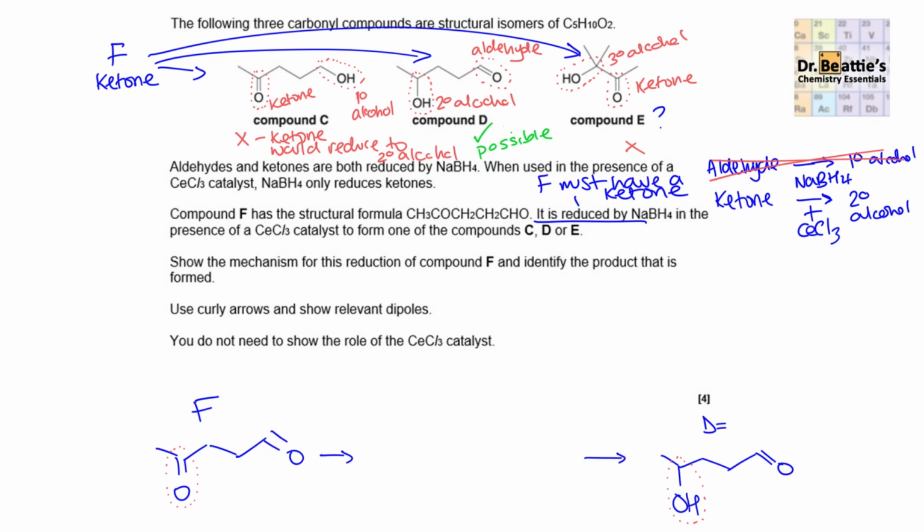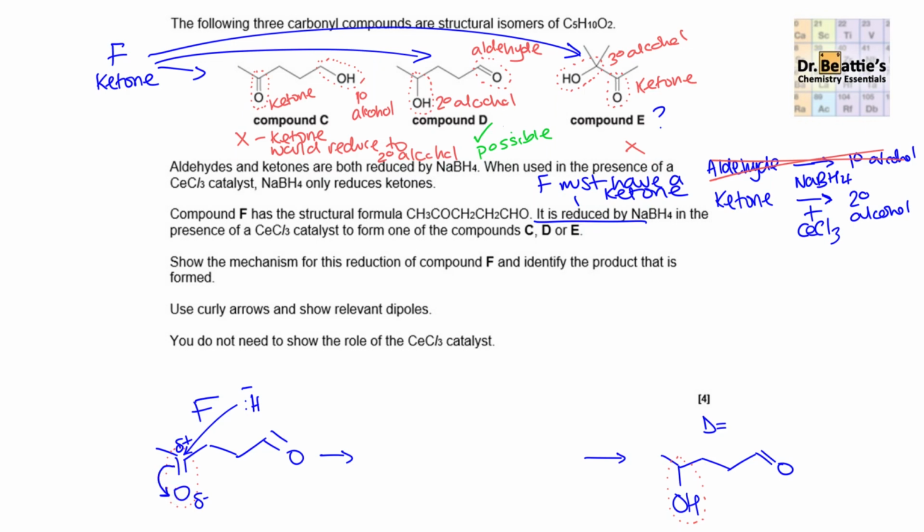Now, the mechanism asks you to use curly arrows and relevant dipoles. So you'd put a delta plus on the carbon of the carbonyl, delta minus on the oxygen. You would then show the sodium borohydride, the hydride nucleophile, lone pair, negative charge. The curly arrow needs to be clearly going to the carbon, also breaking one of those double bonds in the C double bond O, with the origin of this curly arrow on the double bond going to the oxygen atom.